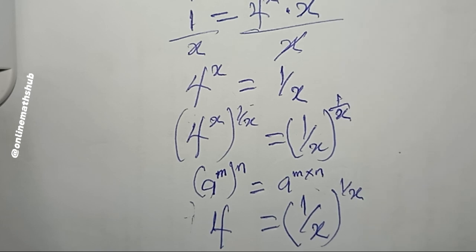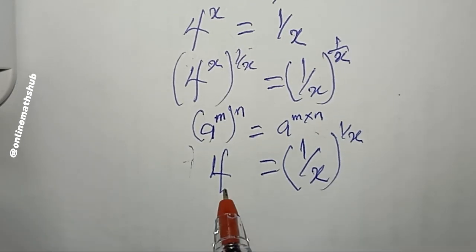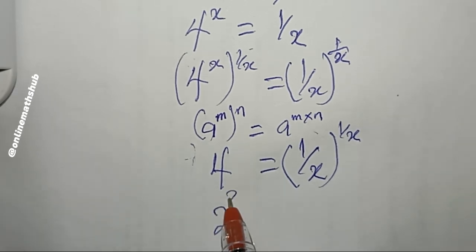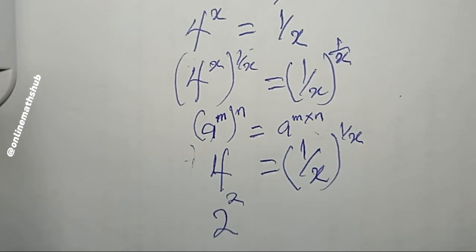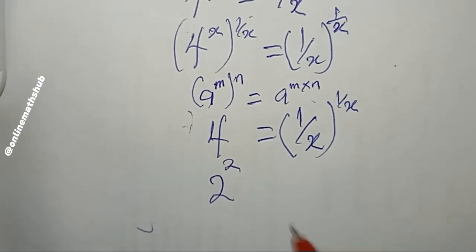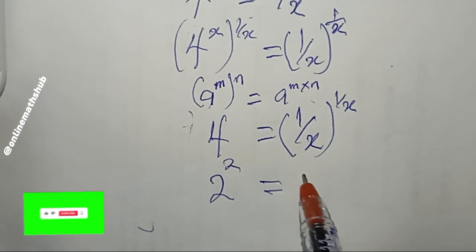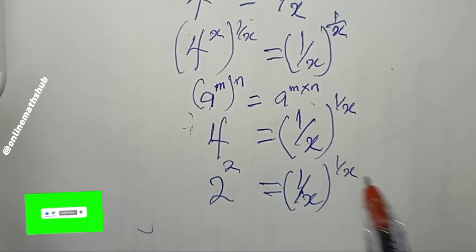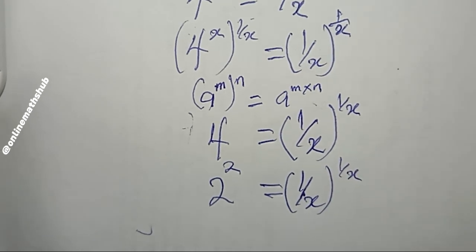The next thing I want to do is write this 4 as 2^2. The idea is to make the left-hand side look like the right-hand side, so 4 can be written as 2^2, and it equals (1/x)^(1/x). Clearly they have a similar pattern, so we can compare the two sides.